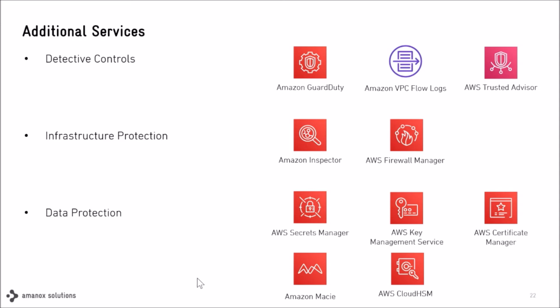Amazon Macie here is a fully managed data security and data privacy service that uses machine learning and pattern matching to discover and protect your sensitive data in AWS. So as you can see, there are different services you can choose from depending on your needs.